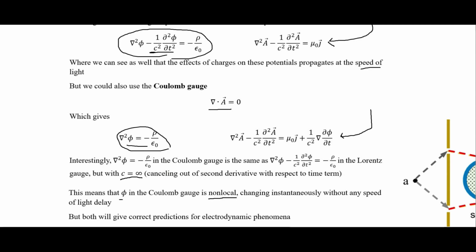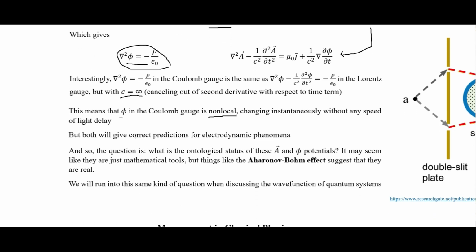Yet both of these gauges will allow us to make correct predictions for electrodynamic phenomena. And that leaves us with a question: what's the ontological status of this vector potential and this scalar potential? It may seem like they're just mathematical tools that make some of the calculations easier, so you want to choose your gauge based on what kind of calculation you want to do.